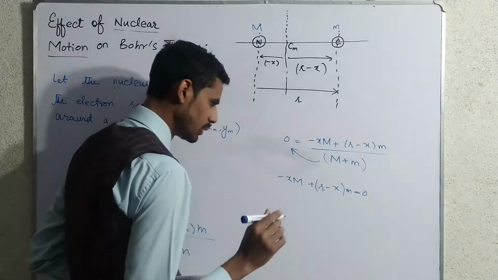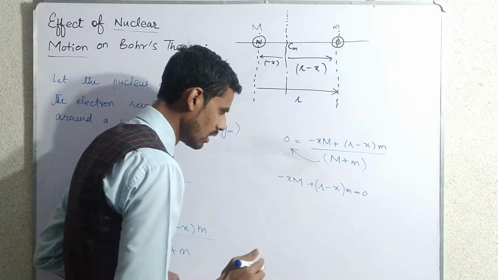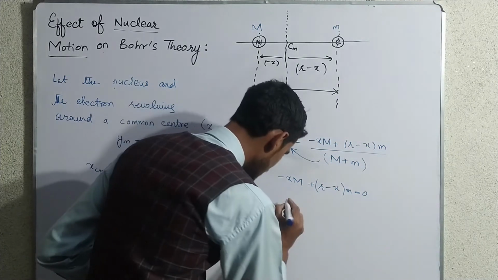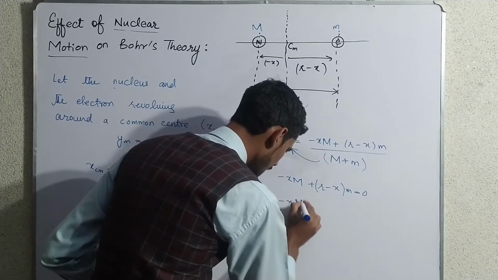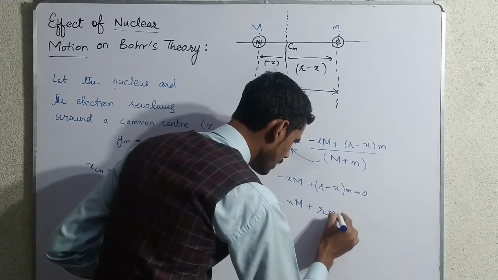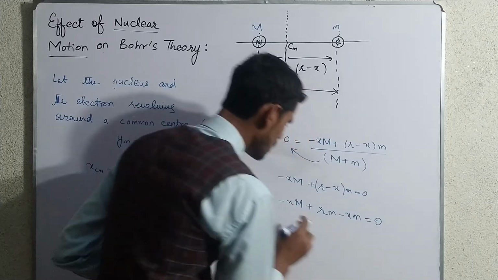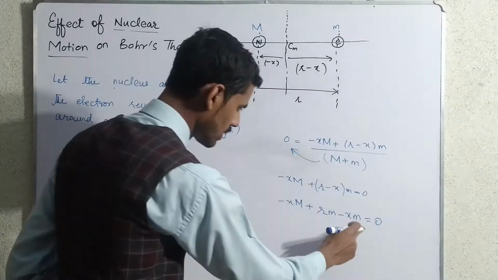Now we are going to multiply this and separate this x. So let's see that minus x M plus R m minus x small m. This one is the capital M and this one is small m.